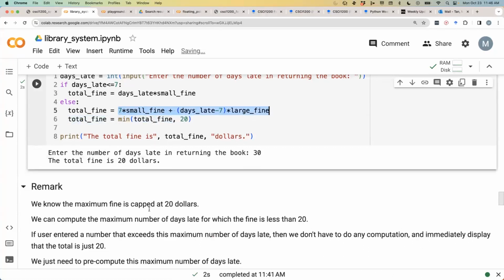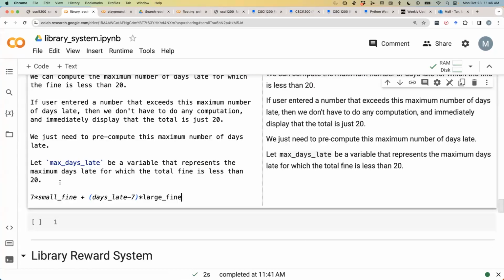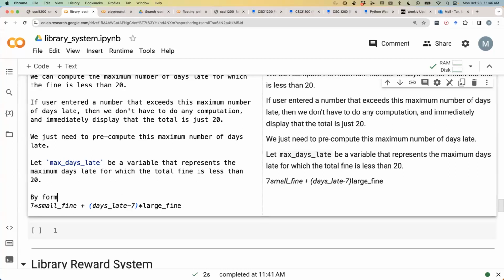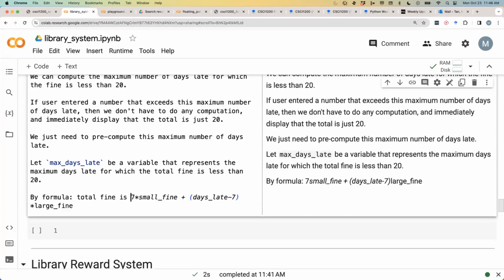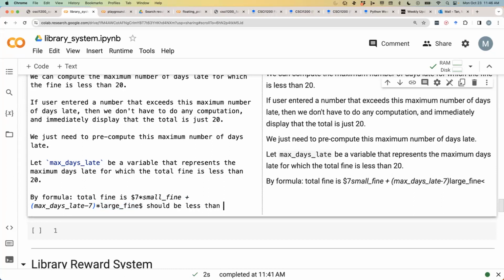By formula, the total fine is 7 times small fine plus maximum days late minus 7 times large fine, which must be less than 20.